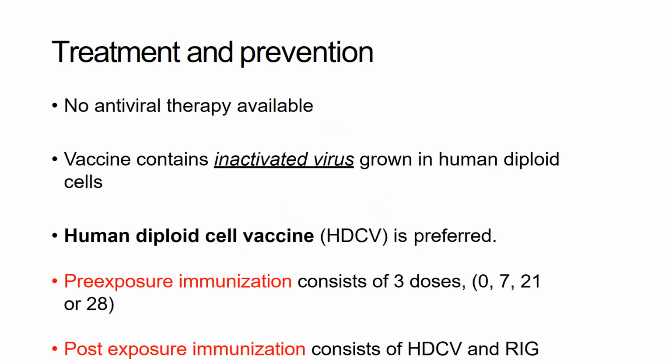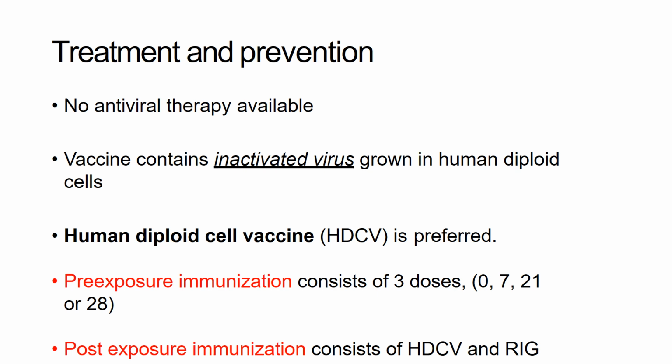Now comes the most important part of the presentation, and this is the treatment and prevention of the rabies virus infection. Currently there is no antiviral therapy available for the rabies virus infection. So as soon as the person has been bitten by the rabid animal, he or she again should report to the nearest hospital and should be given a vaccine.